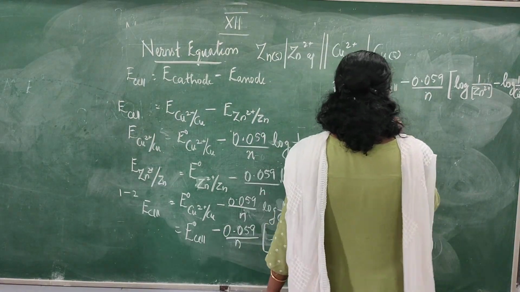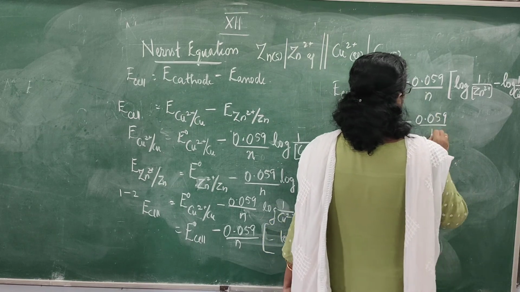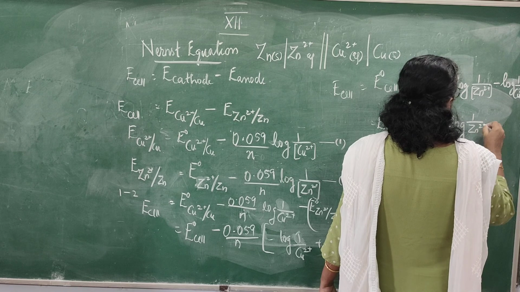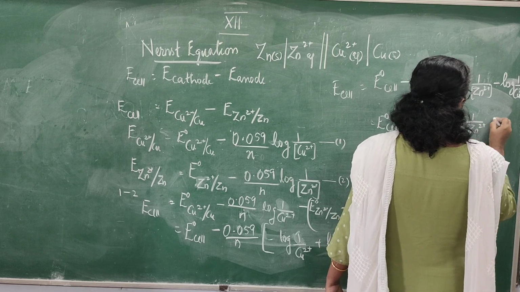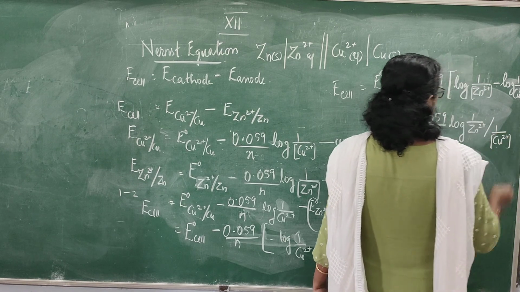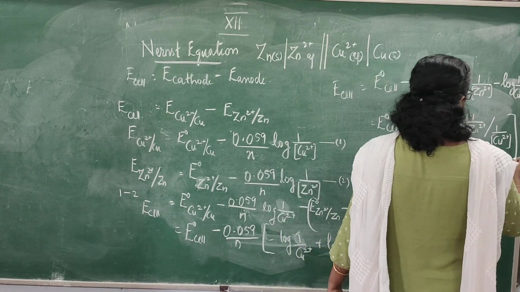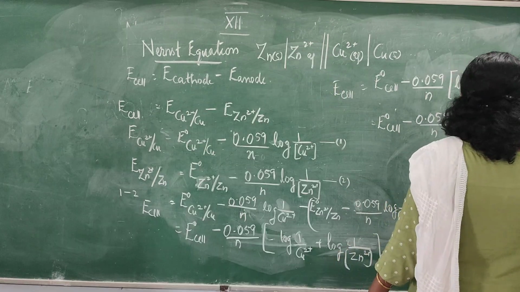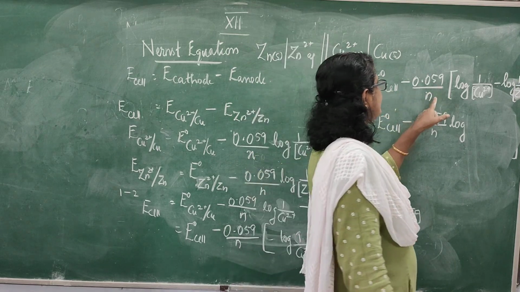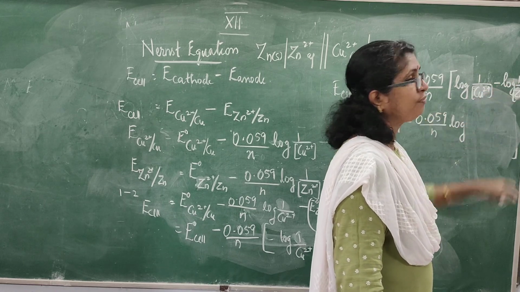Now E cell is equal to E naught cell minus 0.059 by n log of 1 by Zn2+ by 1 by Cu2+, because this is E0 cell minus 0.059 by n, log 1 by Cu2+ minus log of 1 by Zn2+.